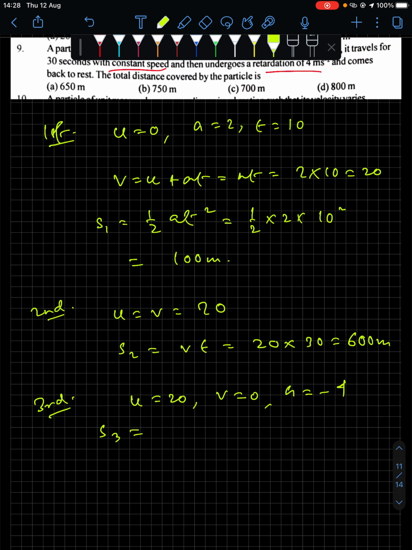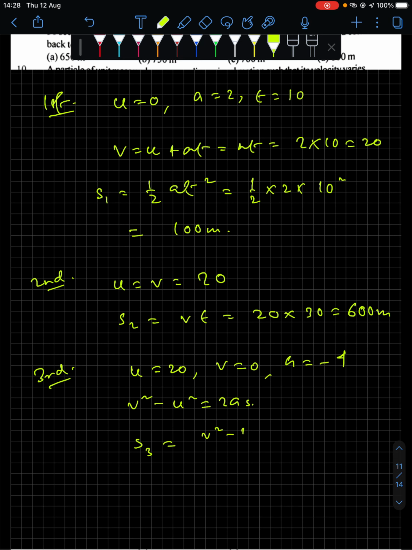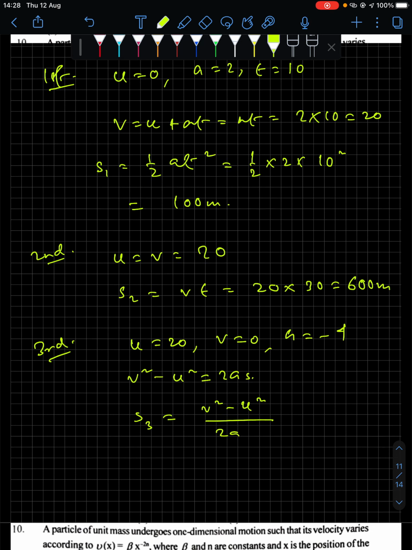Therefore S3 will be, we can apply v square minus u square equals 2as. So S3 here will be v square minus u square divided by 2a.